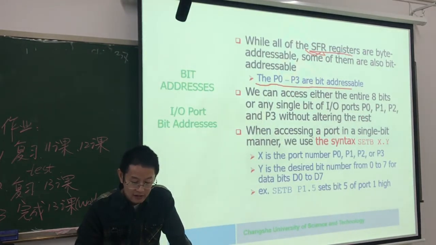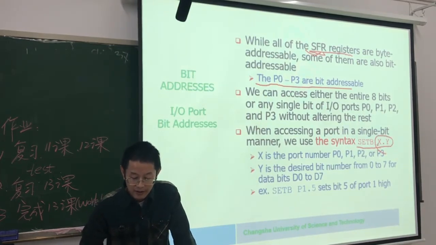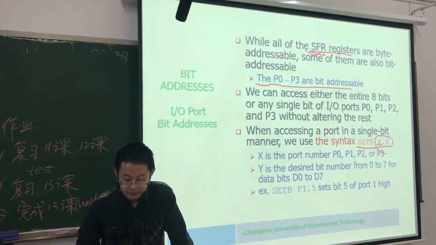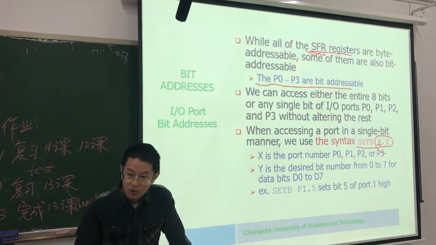When accessing a port in a single bit manner, we use the syntax SETB X.Y, where X is the byte address and Y is the bit from 0 to 7.